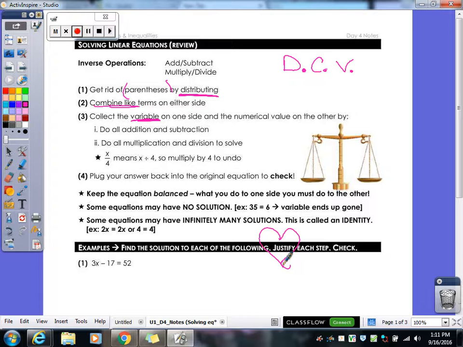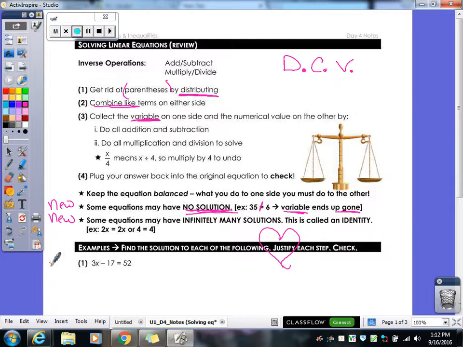Then there's two new things we're going to learn today. I think you may have done them last year. But the new things are that sometimes there are something called no solutions. An example is given here, if you have a number that's not equal to another number. What happens is the letter or the variable disappears. It ends up gone.